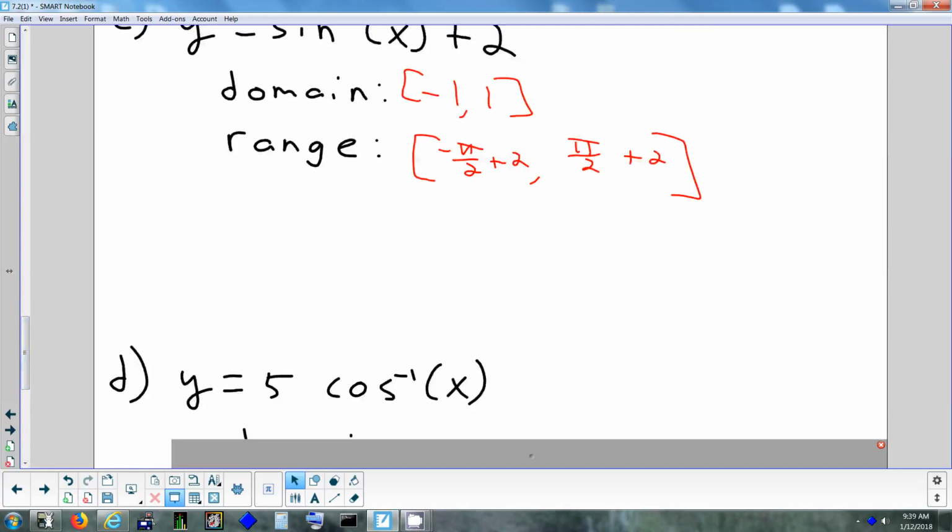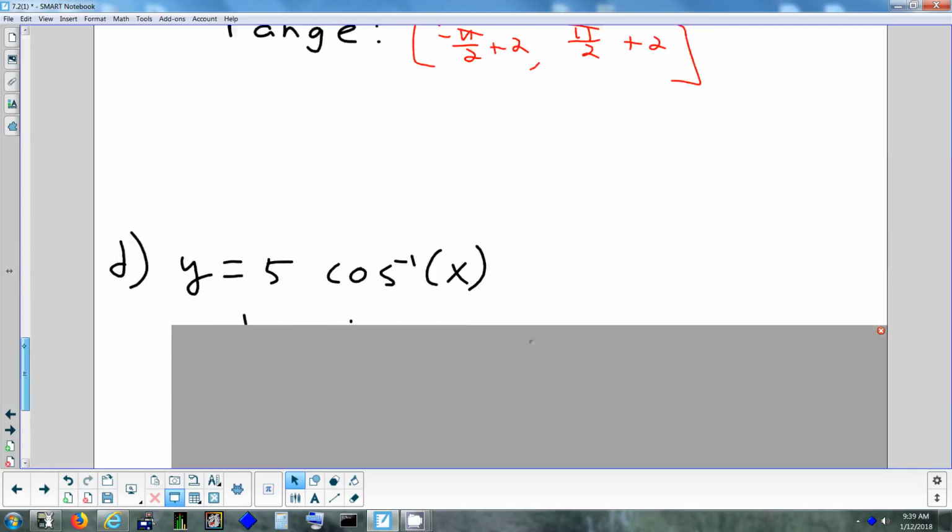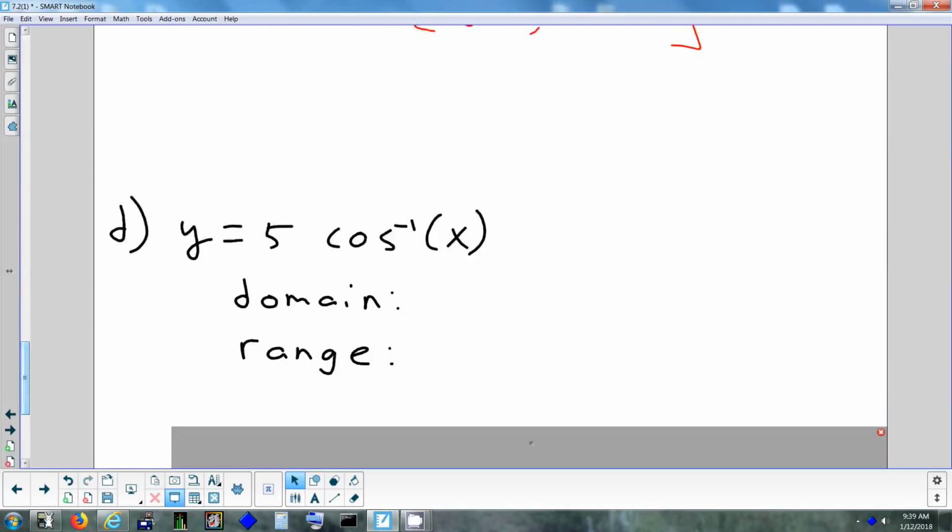Okay, let's try D. 5 times the inverse cosine of x. Okay, anytime a problem only has one number in it, clearly something's changing and one thing is staying the same. One number, only one thing's happening.